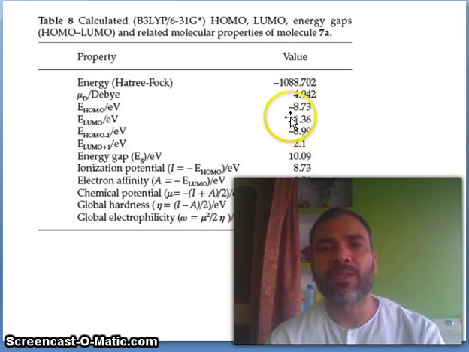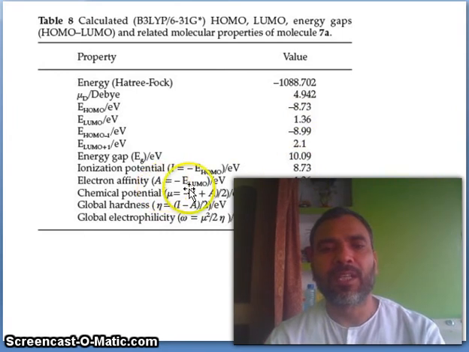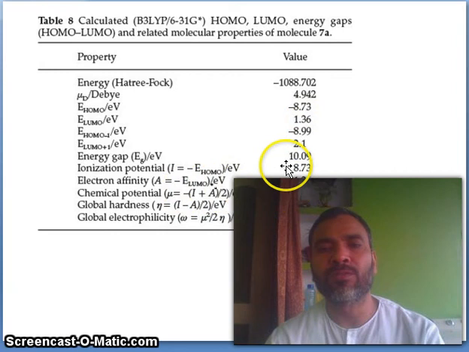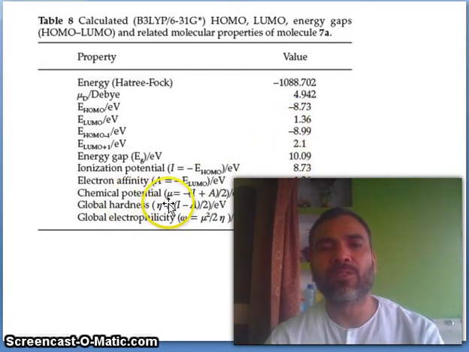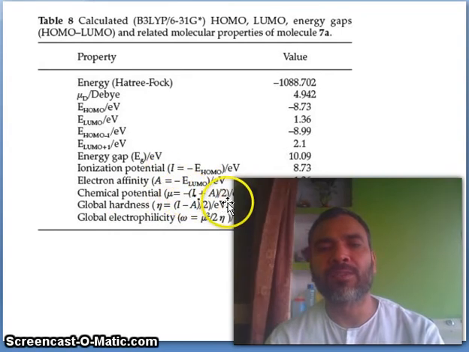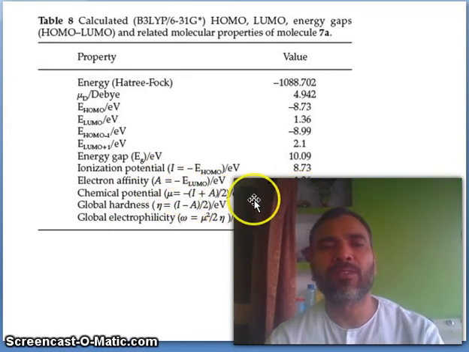Just remove the negative. E LUMO in electron volt is 1.36, just remove the negative and put the negative here. Chemical potential mu, if you know the I and you know the A, just divide by 2, then you will get this value.